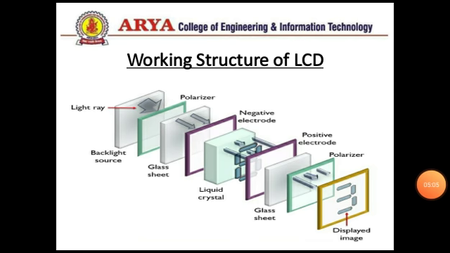Then the working structure of LCD. Here we can see that the light ray is coming from a backlight source. The last slide is where the light is reflected back, and then it goes through the polarizer. Then there is a glass sheet which allows the light to go through the negative electrode, and then it goes towards the liquid crystal.